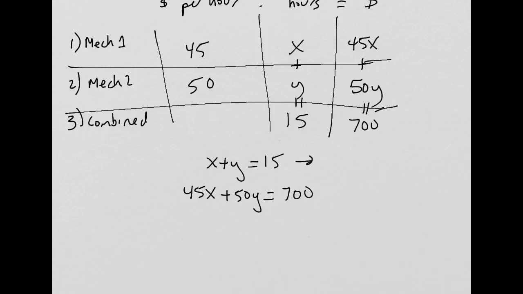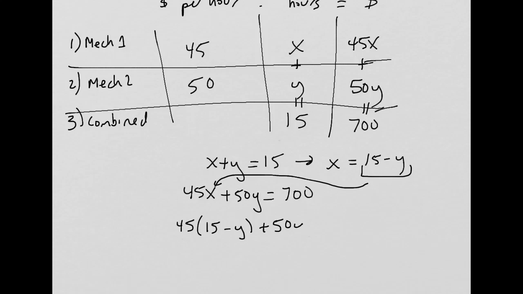So if we take this first one, subtract y from both sides, that gives us x equals 15 minus y. And then we're going to plug that 15 minus y in for x in the second equation. That gives us 45 times (15 minus y) plus 50y equals 700.